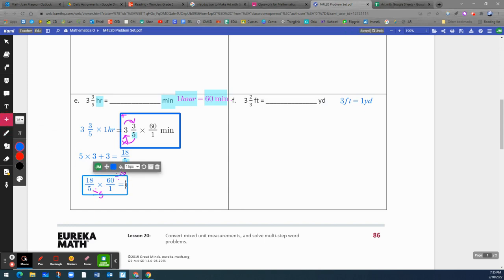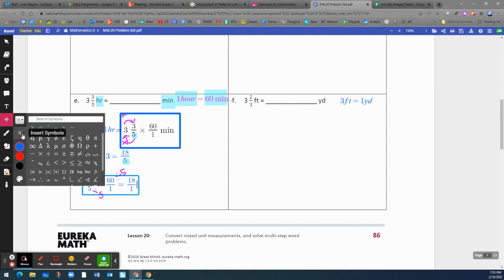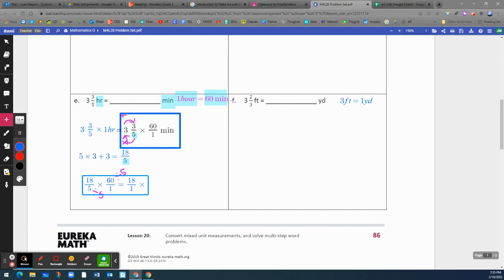So we have 18 over 5, but now it's 5 divided by 5, and that equals 1. And now we're going to reduce 60. 60 divided by 5 is 12. Okay, so it's going to be 12 over 1.